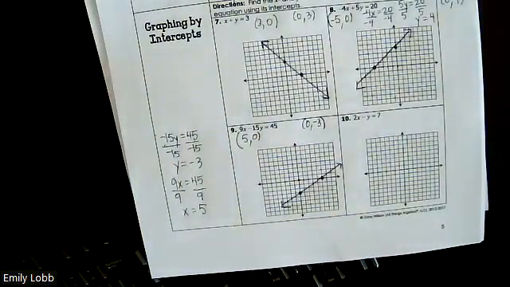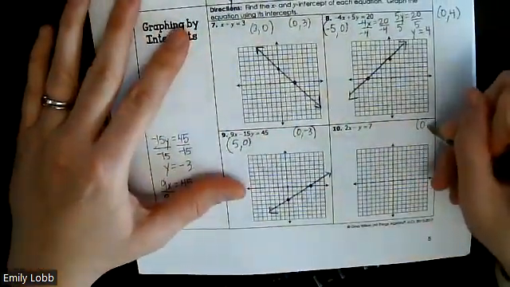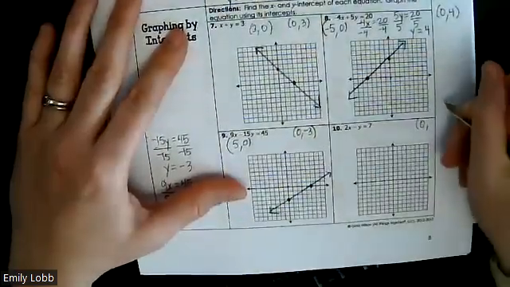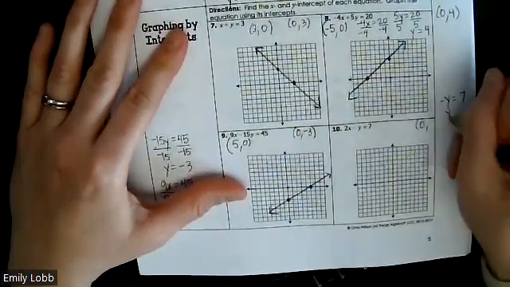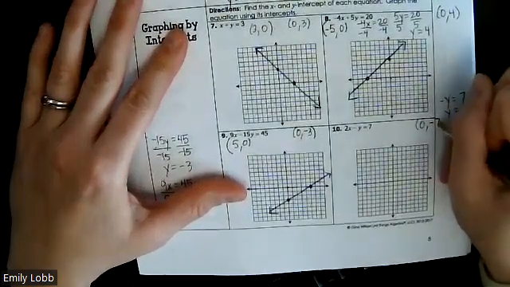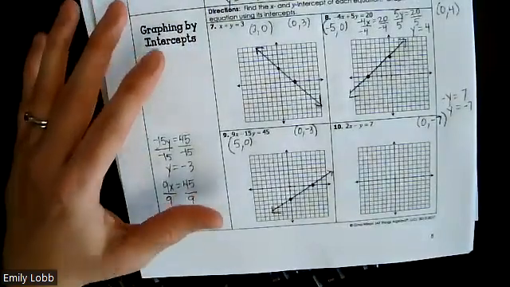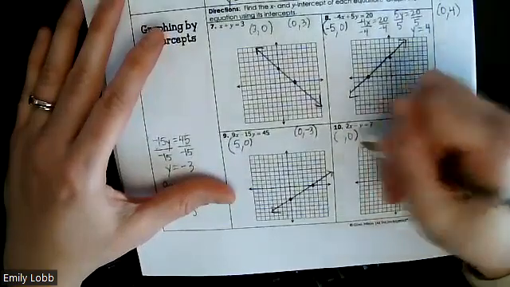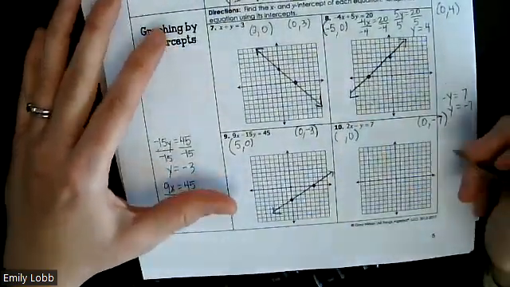All right. And so we'll just proceed like that. If we put 0 in for x, we have negative y equals 7. If negative y equals 7, positive y has to equal negative 7. Now, if we have 0 in for y, ew, they did this to us.